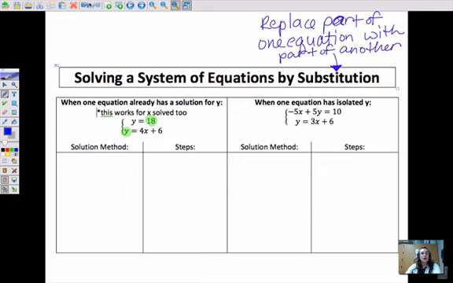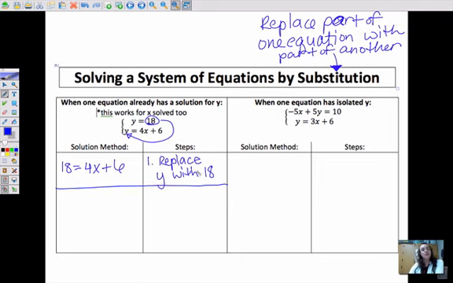So when you get to your notes part, what I want you to do is circle the 18 and draw a nice little arrow pointing to the y to remind yourself that the step we're doing here is replacing y with 18. So we're going to end up with this equation when we do step 1. We're going to replace it by getting 18 equals 4x plus 6.